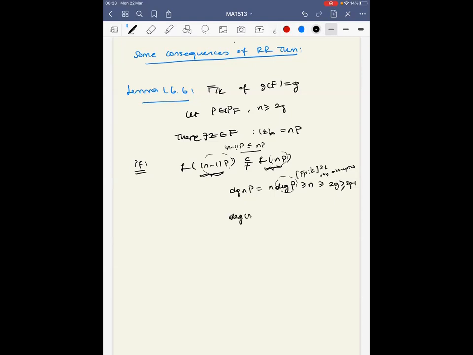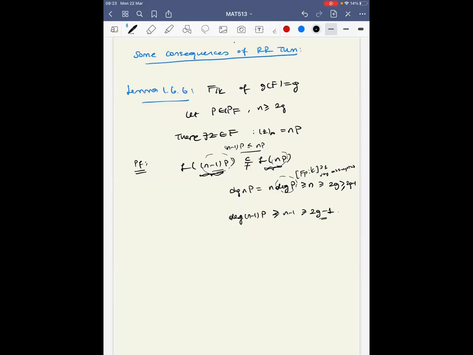And similarly, we can also observe that the degree of the other divisor is also bigger than or equal to 2g minus 1.